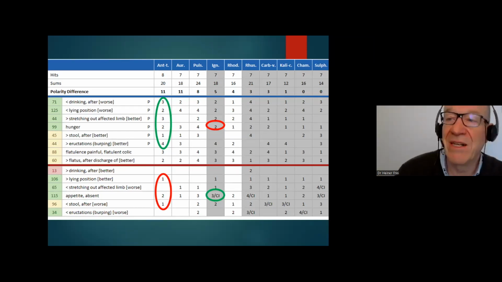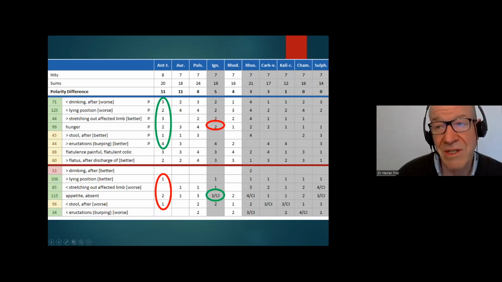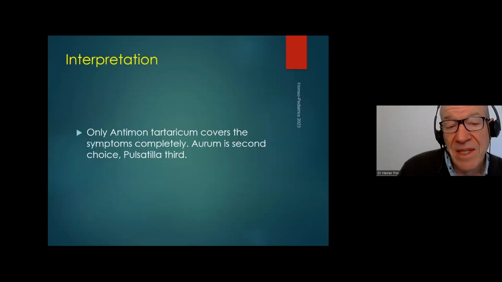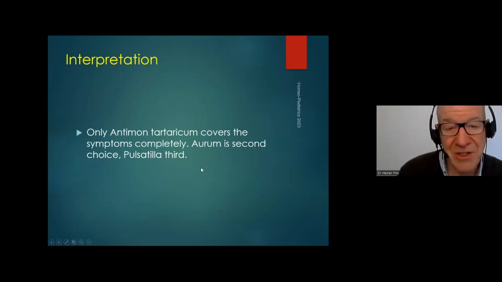So actually we can focus on the white remedies and focus also on the highest polarity difference. So that's actually already all. Okay, antimonium tartaricum first choice, aurum would be second, pulsatilla third choice.